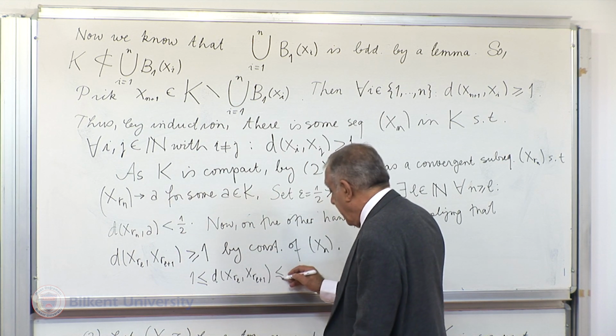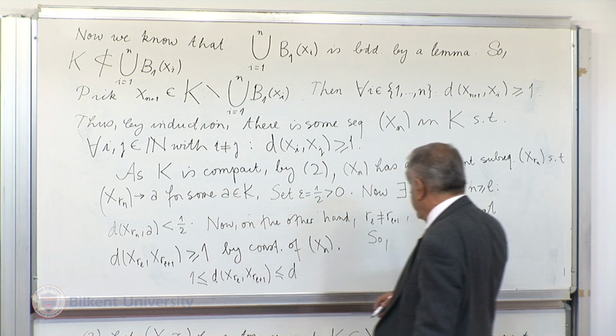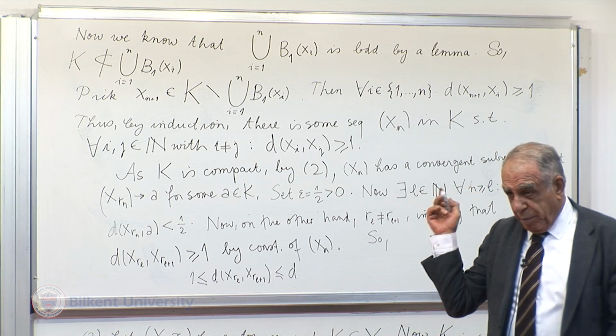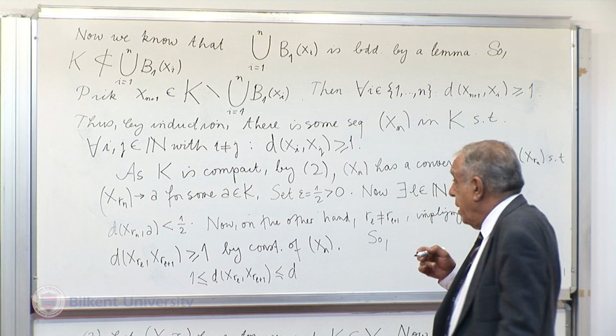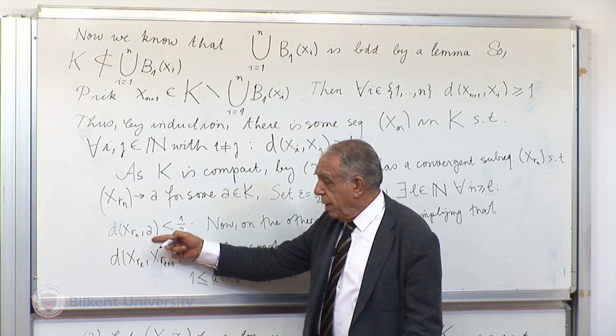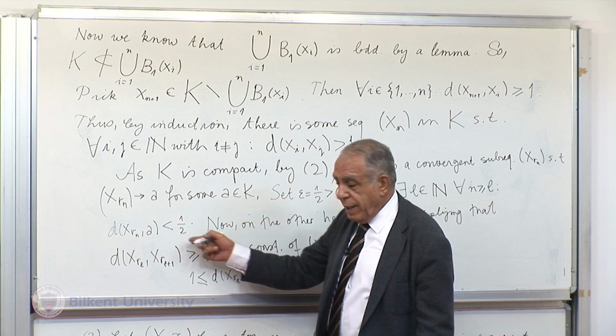But on the other hand, I can use this and this, since R sub L is larger than or equal to L, and R sub L plus 1 as well, they also should satisfy this. Their distance to A separately, individually, should be less than 1/2.